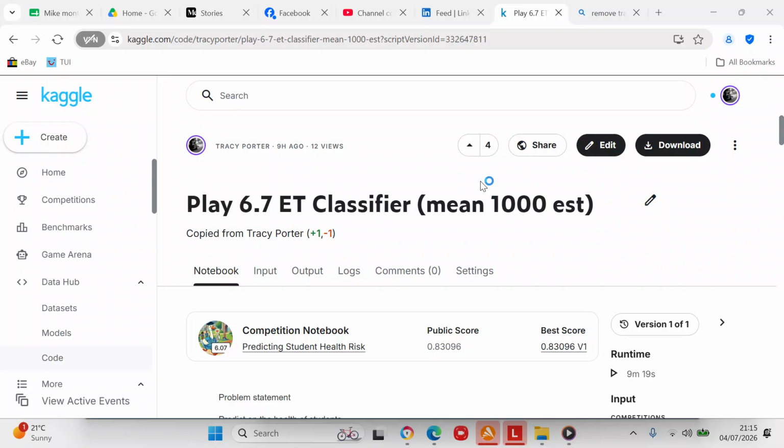You can also work with the hyperparameters in the classifier to see if you can improve your scores, because the Extra Trees Classifier is set to defaults, but if you want to try other hyperparameters, you can always do that. And so that's what I did in this competition question.